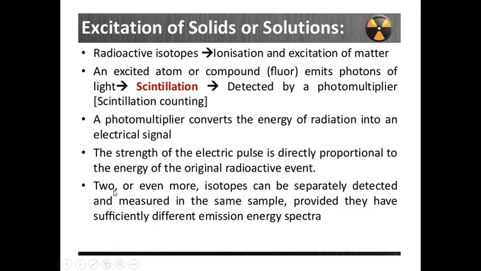Okay, now two or even more isotopes can be separately detected and measured in the same sample, provided they have sufficiently different emission energy spectra. So here in the scintillation counter we can detect a number of different radioactive isotopes at a time. Why? Because the radioactive isotopes emit ionizing radiations with different energies.